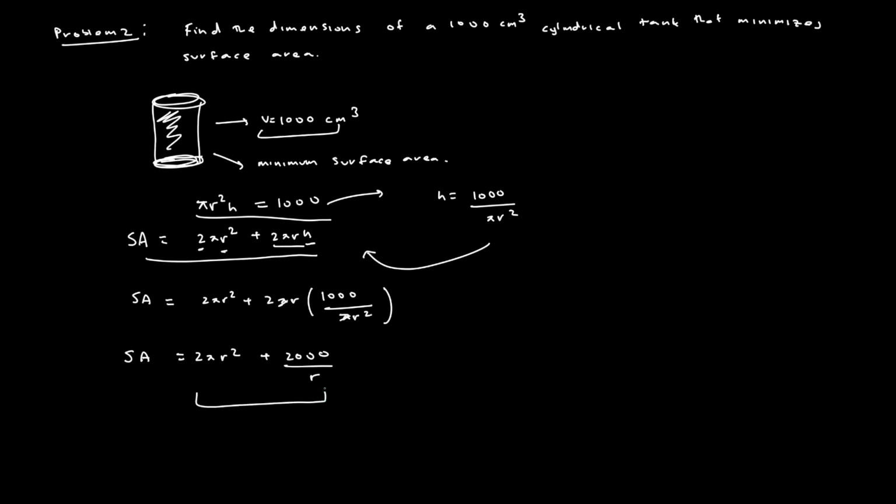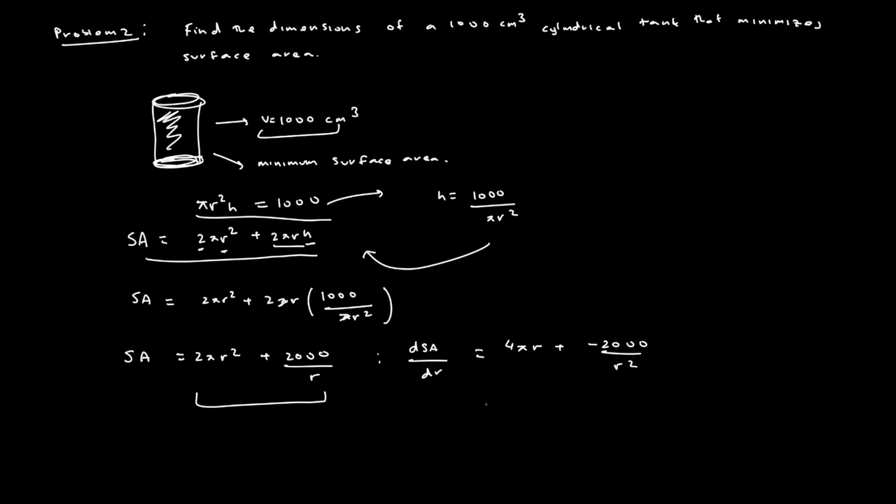And so again, when we want to find mins or maxes, we should find the critical points. So let's find the critical points. And how are we going to find the critical points? Well, the first thing that we do is find dSA over dr. And so to find that, we get 4 pi r plus negative 2,000 over r squared, right?